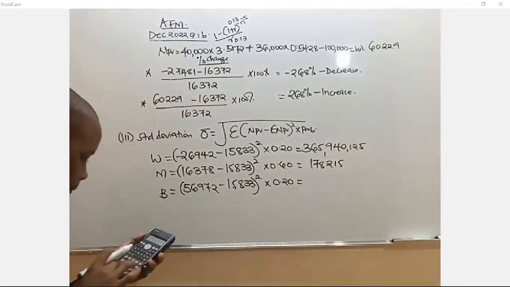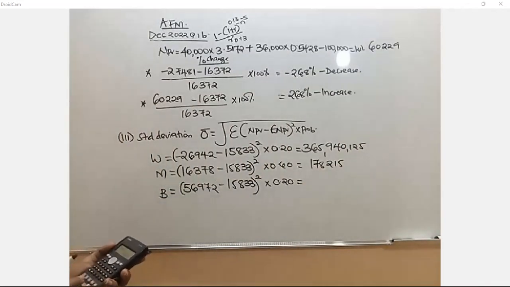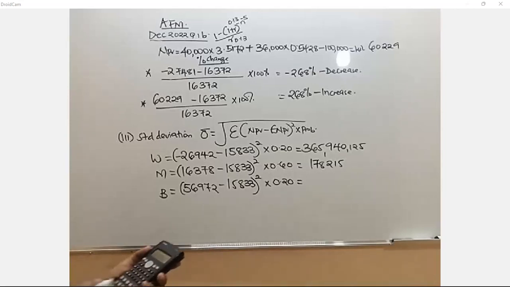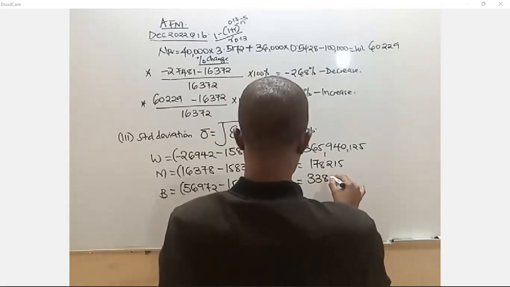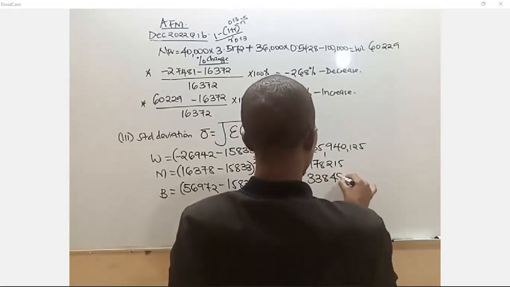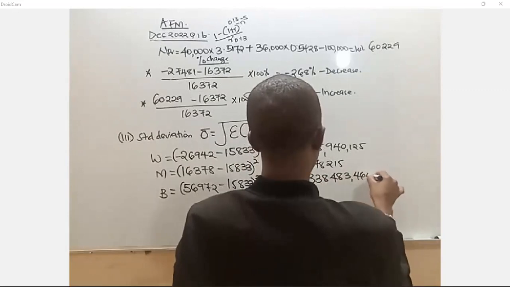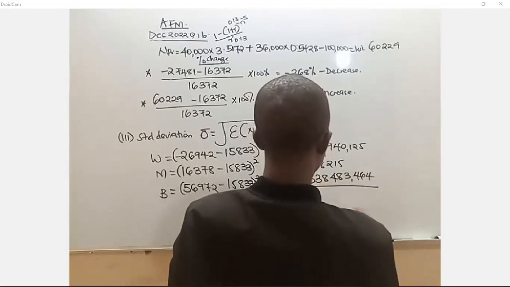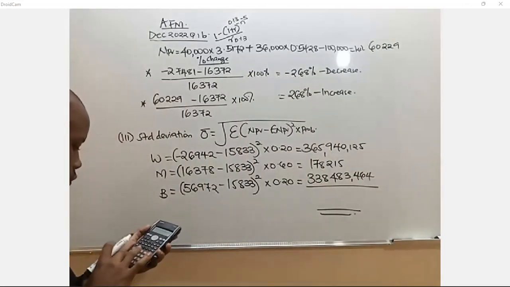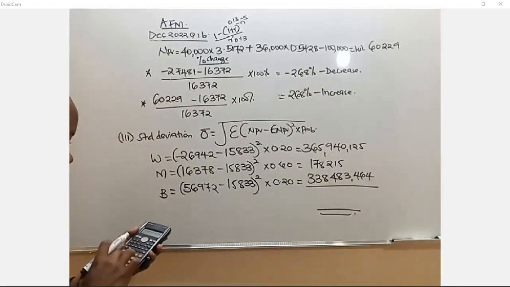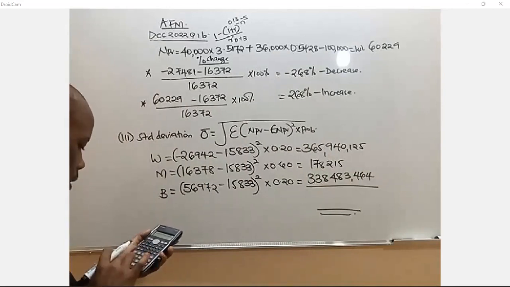The other one will be 56,972 minus 15,833 squared times 0.20, getting 338,483,464. What is the total here?